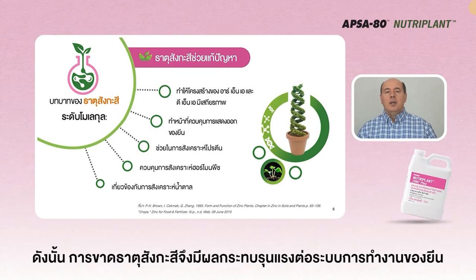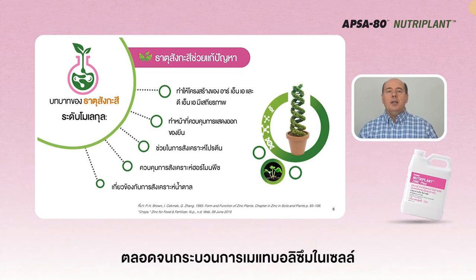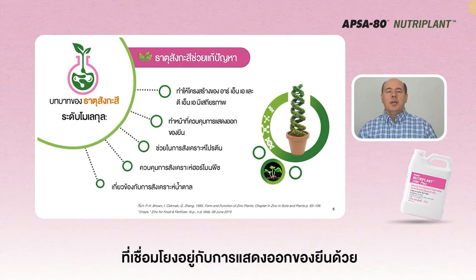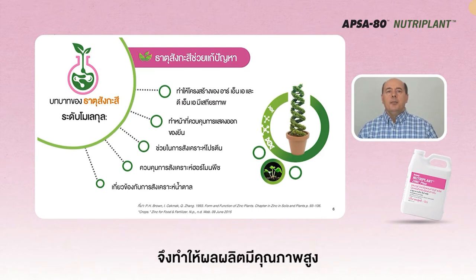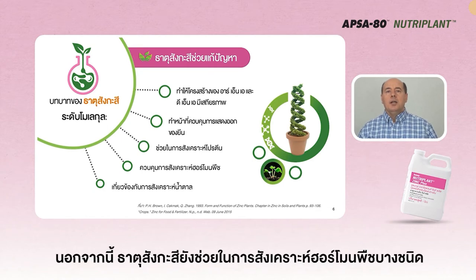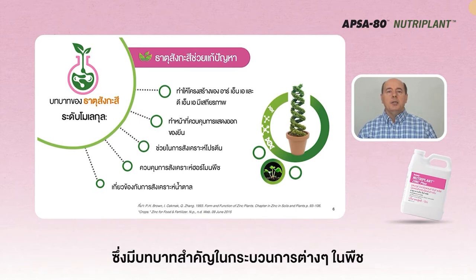Insufficient zinc affects the expression of the genes in the plant and many metabolic processes that are connected with gene expression. Zinc helps with optimizing the synthesis of proteins important for producing high quality yield. Additionally, zinc helps regulate the synthesis of phytohormones important in the metabolic processes of the plant.